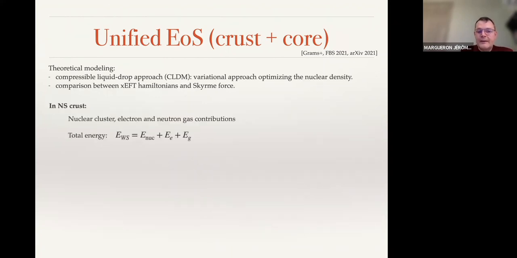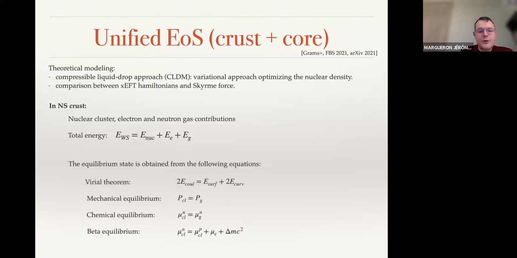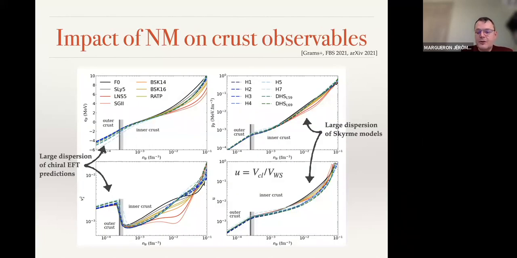Okay, then we describe the crust. There is just a set of equations that I will skip, and I will show you the results. Here I show the energy at beta equilibrium. The vertical band represents the frontier between the outer crust and the inner crust. It's not a solid line because there are different models, and depending on the models, the line is different, so it defines a band here.